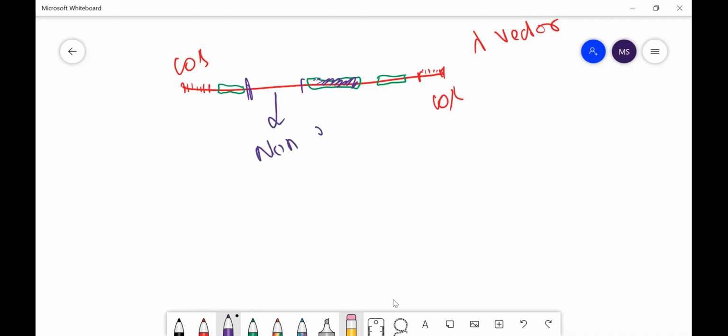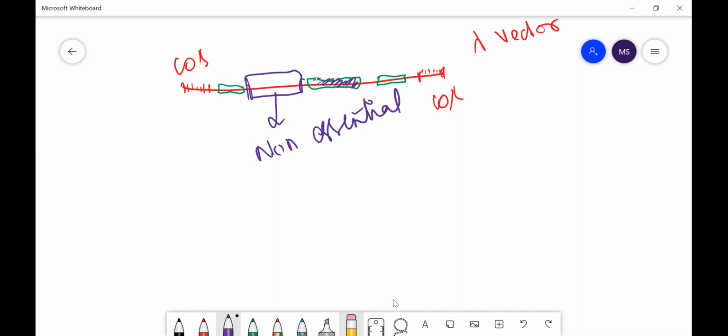Non-essential means if it is present, well and good, and if it is not present, it's not going to affect much the virus or the vector. If it is not present, it's not going to affect the capsid formation ability, the DNA integration into the host genome, or the self-replication ability.